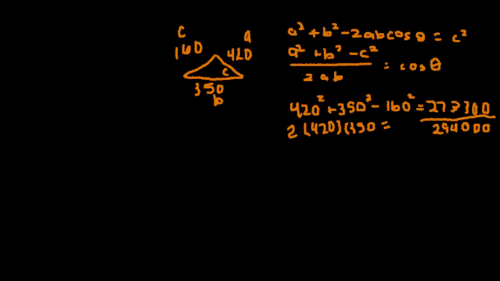And so 273,300 divided by 294,000 equals 0.9295959183667. Okay, that's our answer.